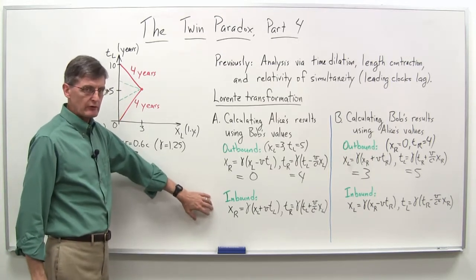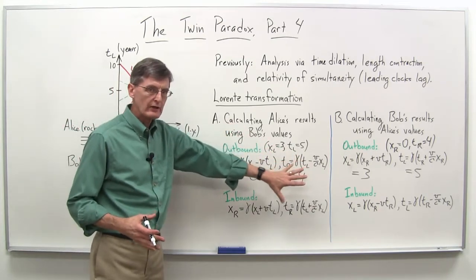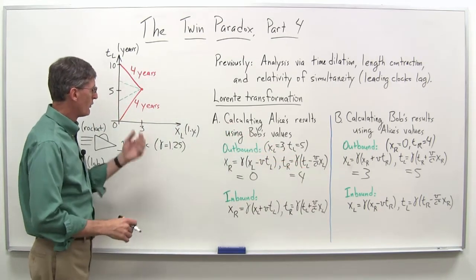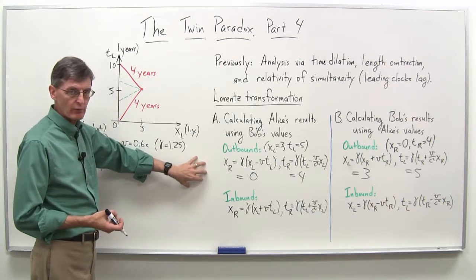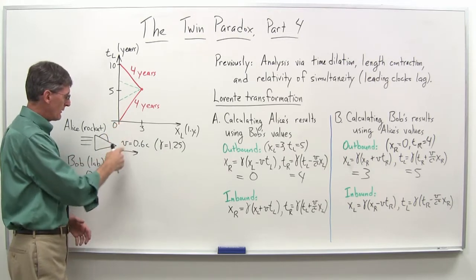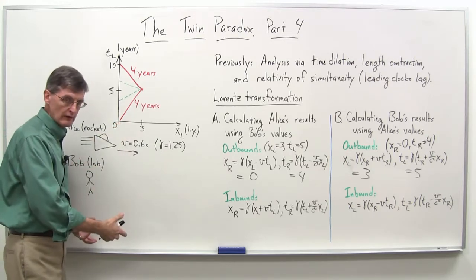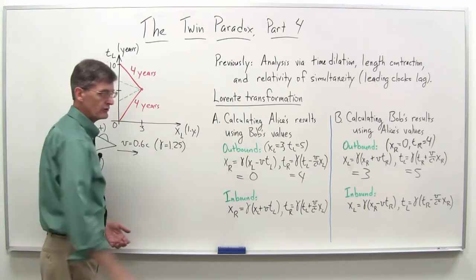Now what about the inbound trip here? We have to be a little careful because these Lorentz transformation equations apply when the origin is the same for both of them. In other words, when we're starting things at the origin, and at that point Bob's clocks and measurements are at 0, and same thing for Alice's, then these equations apply.